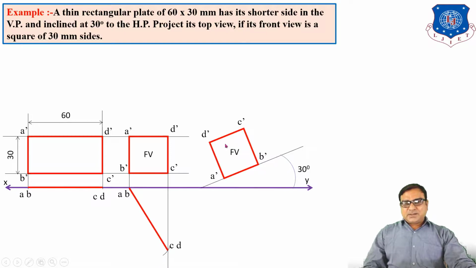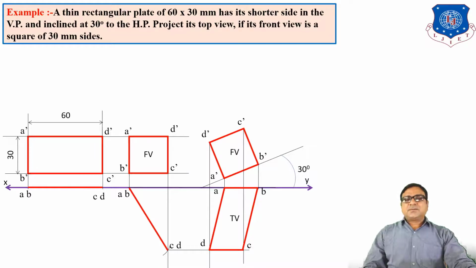So the size of these two view squares is equal. Now what will be the top view? Draw the vertical projection lines and horizontal lines from ABCD. Join the intersection points ABCD and draw the top view of the plane. So this is the front view and this is the top view of the required conditions.